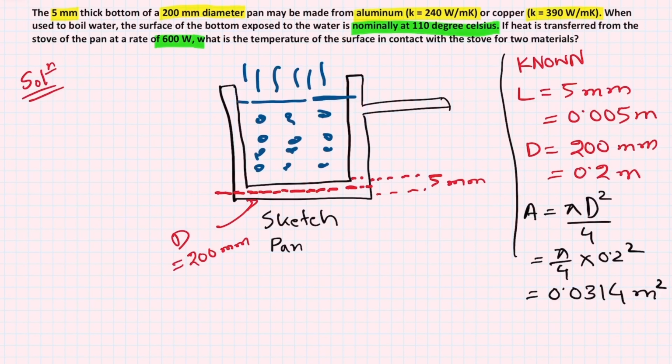So we have some very useful information. Now we know the thickness and the area, and we have converted them to SI units. We also know the amount of heat that is coming through this bottom surface.